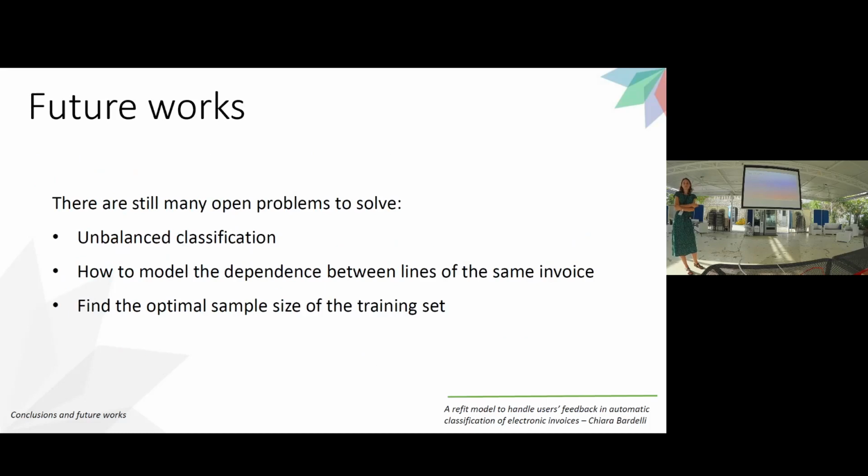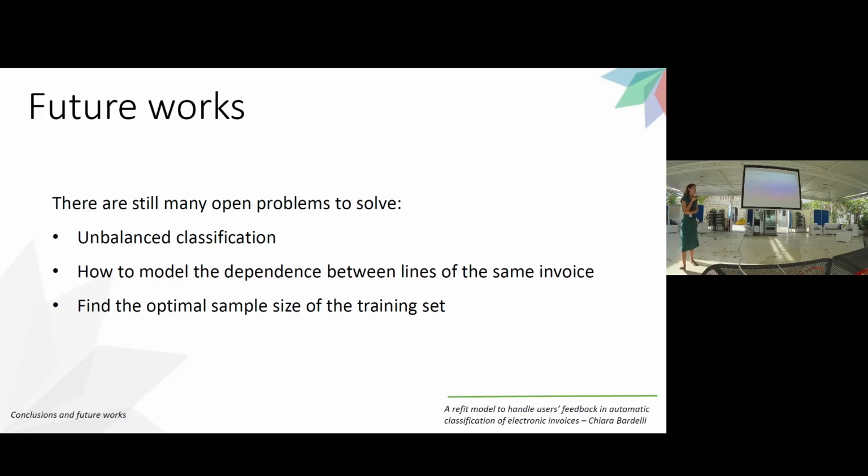So there are a lot of other things to do and many open problems to solve, because we have a lot of steps from the preprocessing phase to the integration of the prediction into the software.